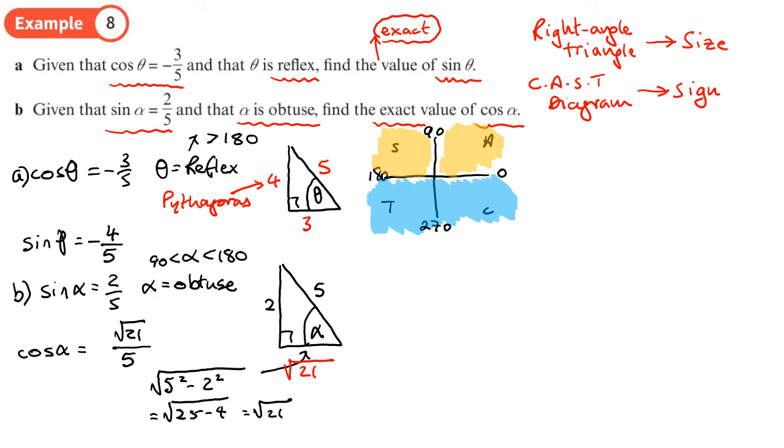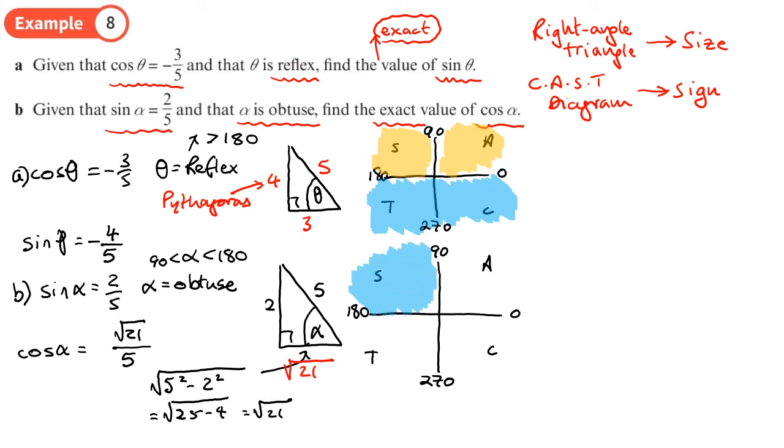Now I need to work out whether it's positive or negative. So CAST diagram, C-A-S-T, like this. It tells me that alpha is obtuse. So if it's obtuse, it's in this part of the CAST diagram.